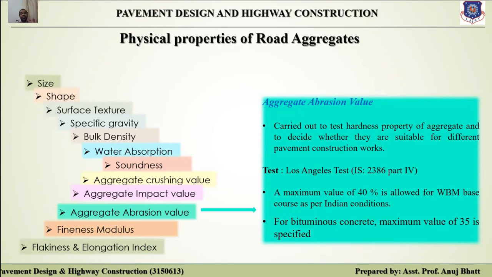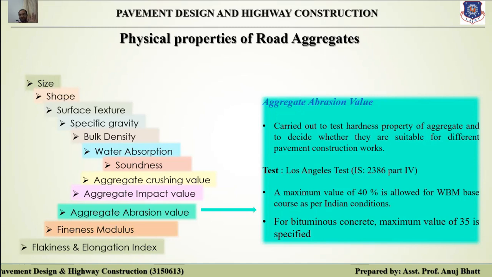This value is also determined to decide whether the aggregates are suitable for different pavement construction works or not. To get this value, the Los Angeles abrasion test is performed, and that is the preferred one for the hardness property, which is standardized by IS 2386.